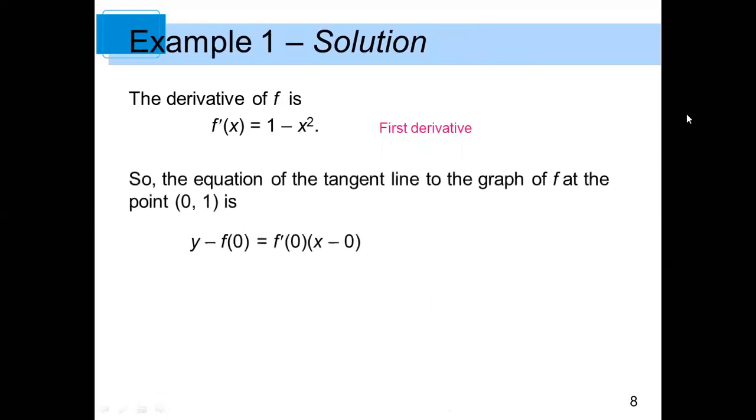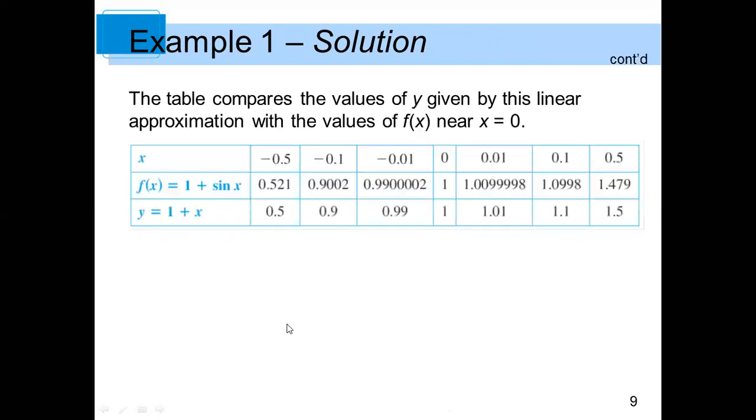So the equation of the tangent line is y minus f of 0, or y minus y1, equals the slope times x minus 0. f of 0, if I plug 0 into the original function, you get 1, and 0 goes in for the c. And f prime, the derivative evaluated at 0, is 1. So if I solve that for y, you just get y equals 1 plus x, or x plus 1.